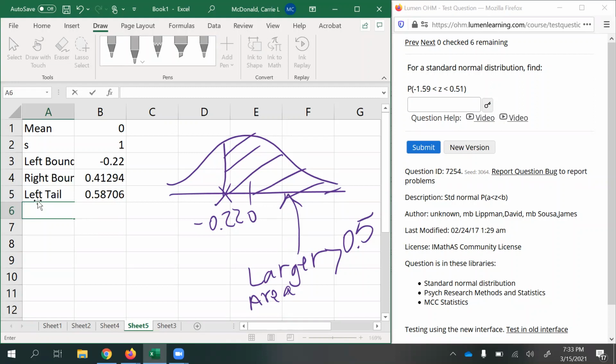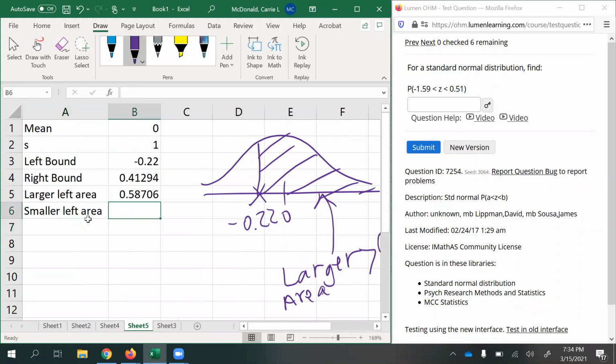Or you could say, how about this? Let's do a larger left area and a smaller left area. Let's do it like that. All right, and then you'll get the probability of the between area.